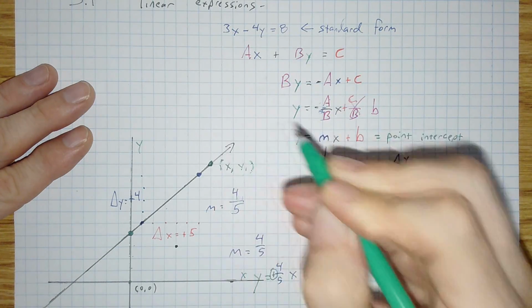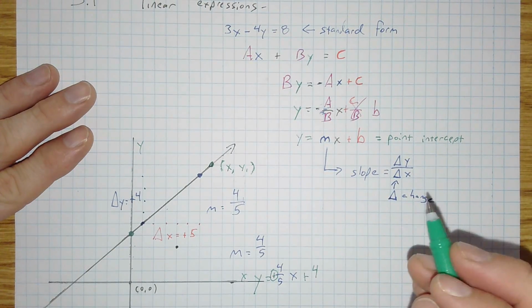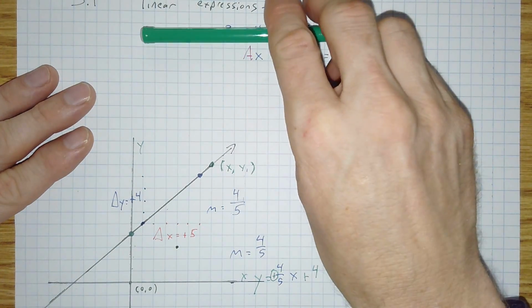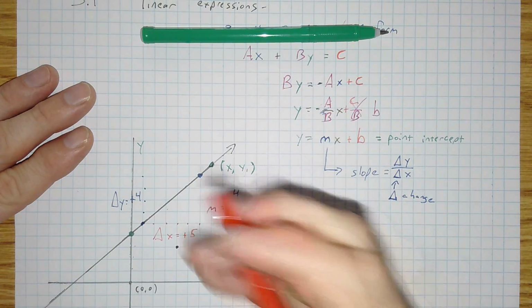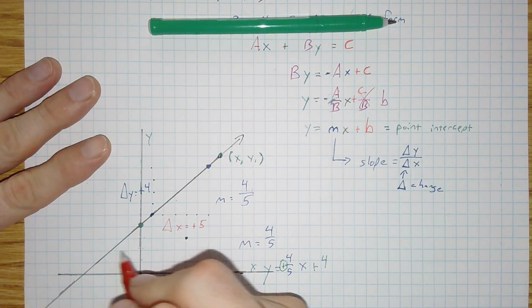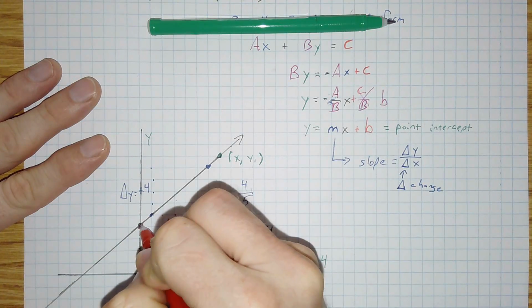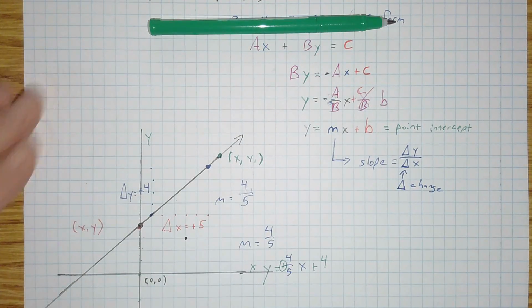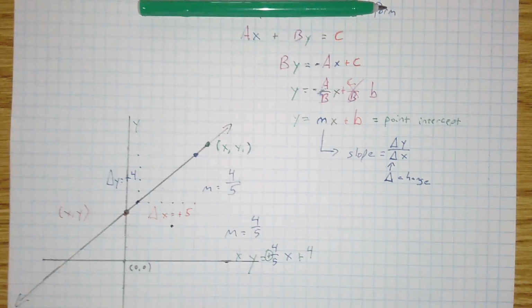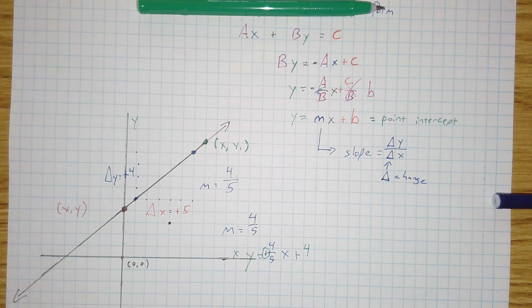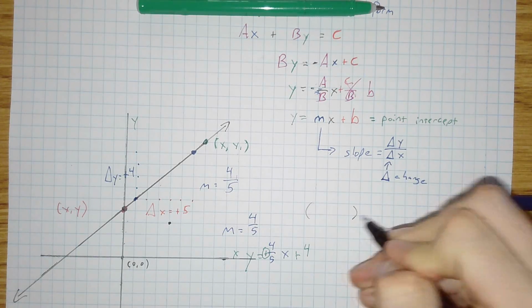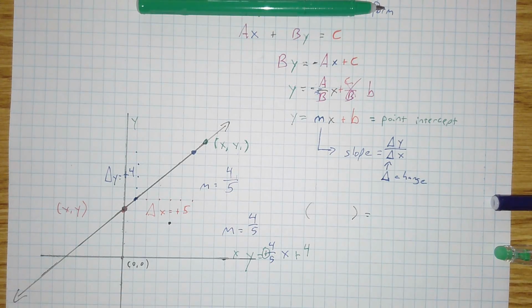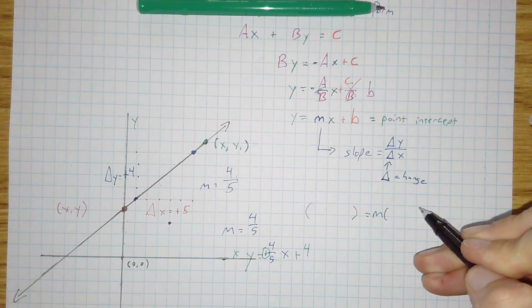Okay, and then we have another point, and maybe how about this one? This is fine. We'll call this one x comma y. All right. So we can say that the points, here we go, y minus y sub 1 equals the slope times x minus x sub 1.